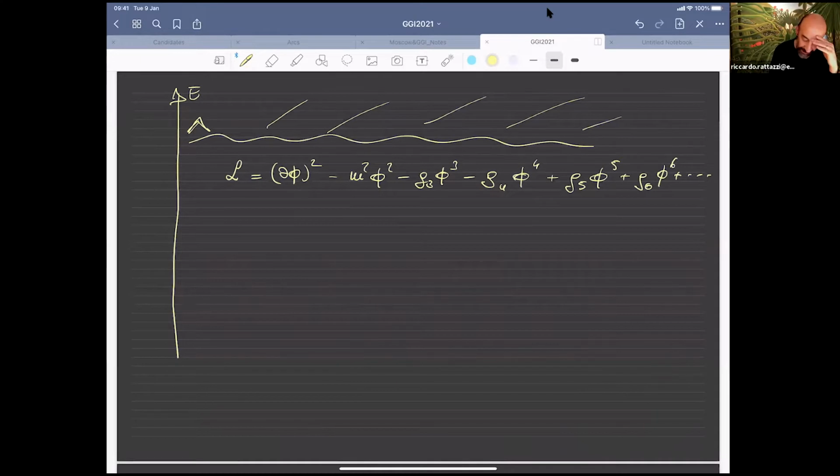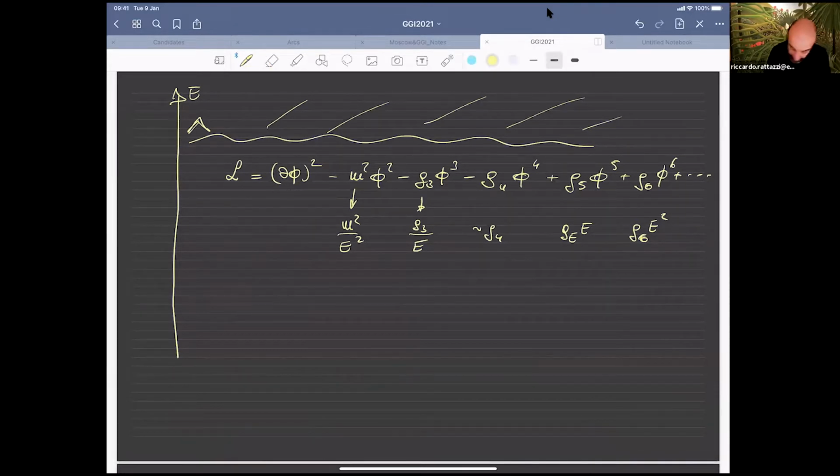Compatible with what I said before, the relevance of these effects with energy goes like m squared over E squared. This goes like g3 over E. This goes roughly like g4. This goes roughly like g5 times E, g6 E squared, and more powers of energy.